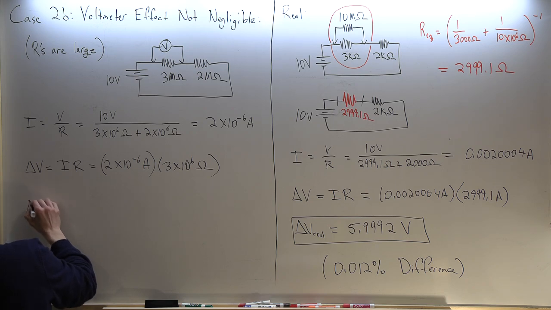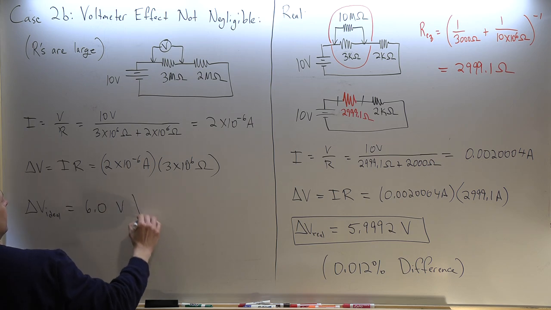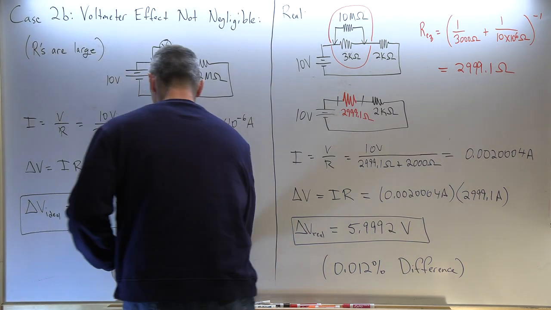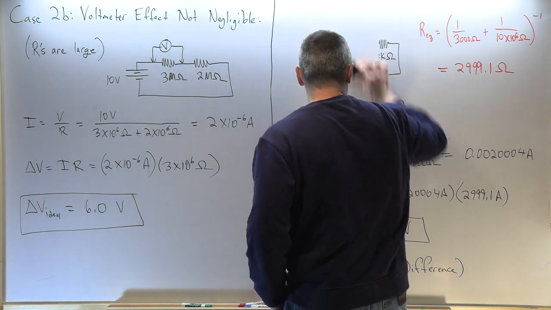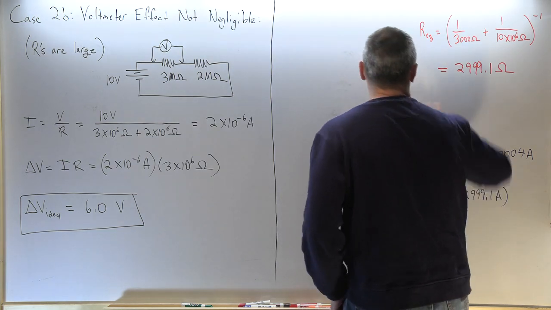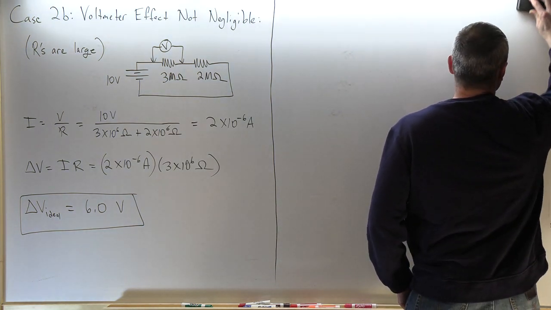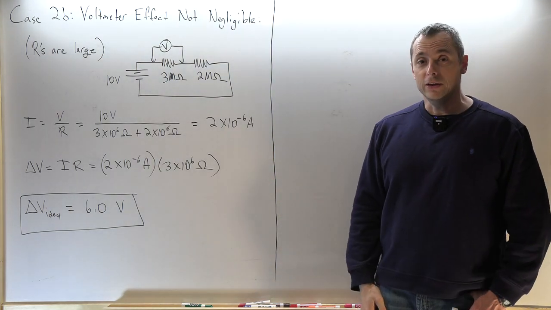Multiply those out and you get delta V ideal equaling 6.0 volts exactly. Okay. If you need a moment to catch up, I'll create a pause to allow you to copy this down.